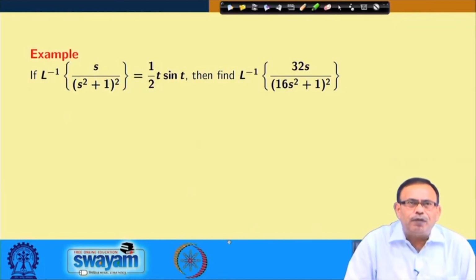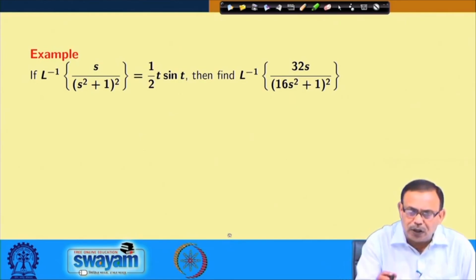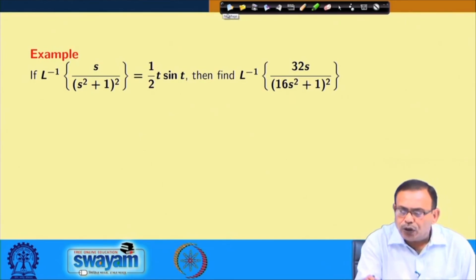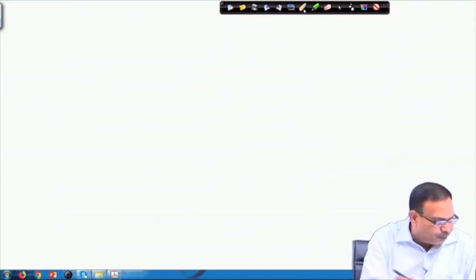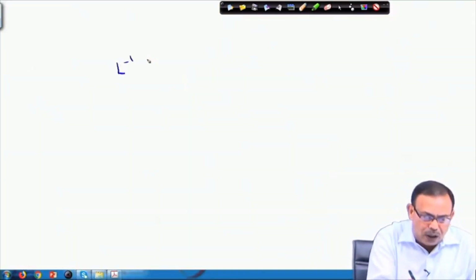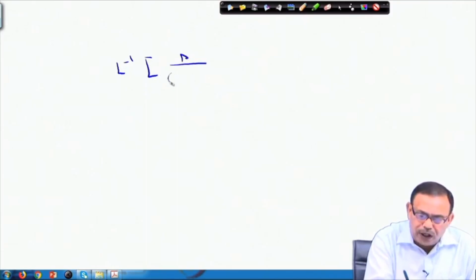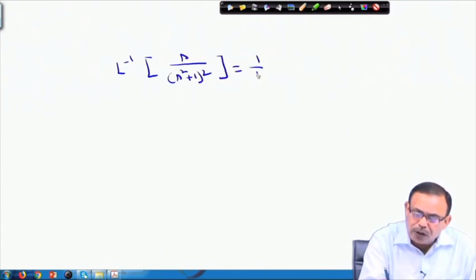If the Laplace inverse of s by (s square plus 1) whole square is half t into sin t, then you have to find out the Laplace inverse of 32 s by (16 s square plus 1) whole square. So, for this I know that the Laplace inverse of s by (s square plus 1) whole square is equal to half t into sin t.